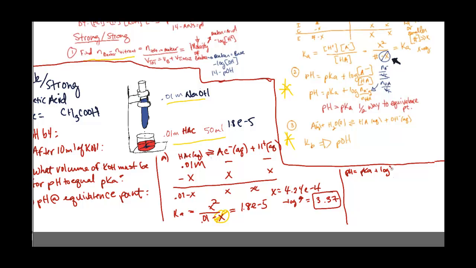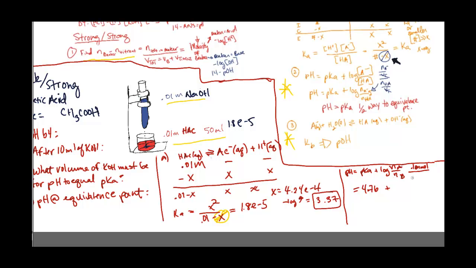Little n of A minus, n of HA in the beaker. Alright, so pKa, if you do the negative log, you're going to get 4.76, plus log of, see how much did we add, 10 mL times 0.01, so that's 1 e to the negative 4, or 0.1 millimole, sorry.